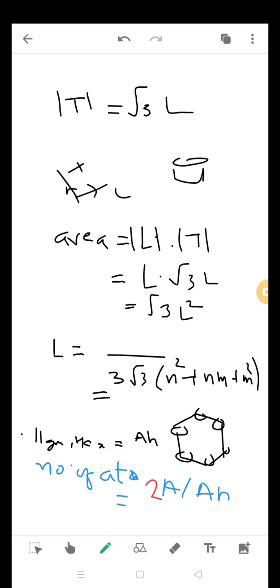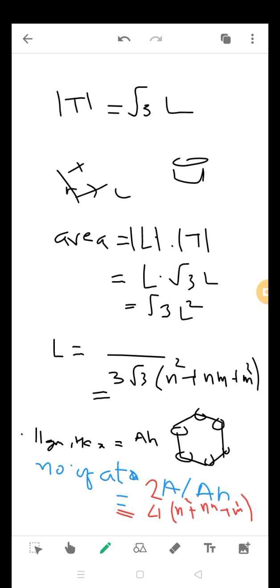The reason for adding an extra 2 is that one carbon atom is actually shared by 2 of the unit cells, so that makes the contribution 1/2, and so the value of this comes out to be equal to 4 into n square plus nm plus m square.